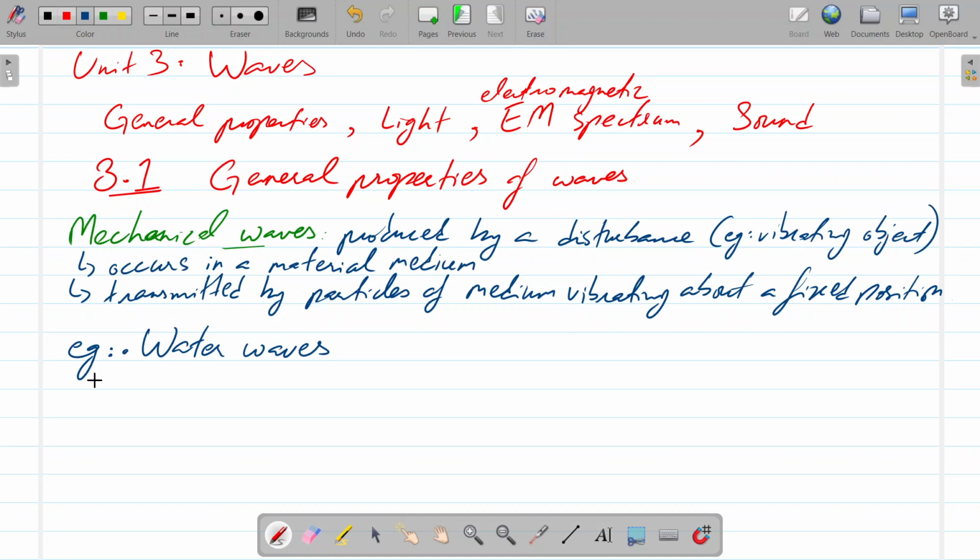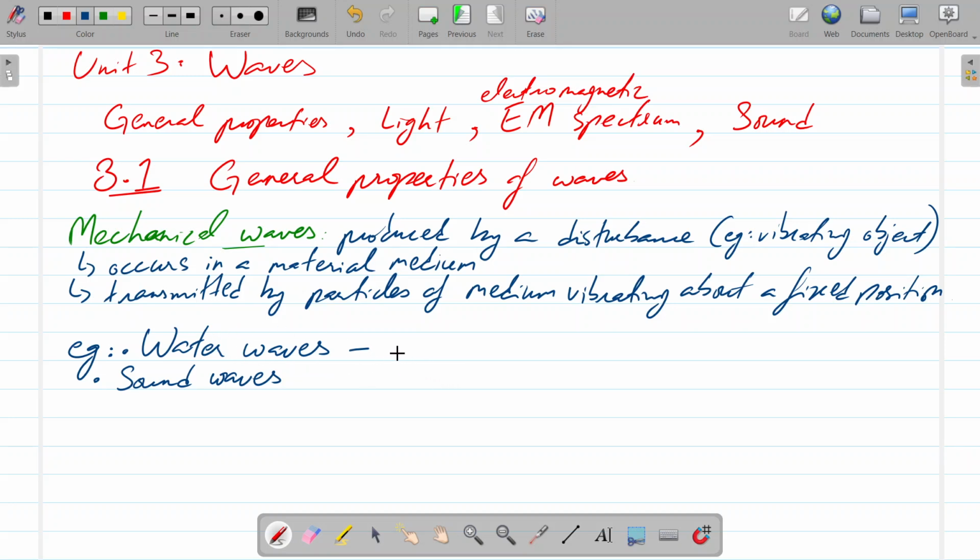And the other are sound waves, which we haven't seen. Along with the classification of waves as mechanical, the other one that we'll talk about is progressive waves.